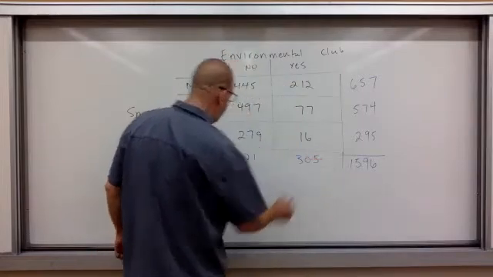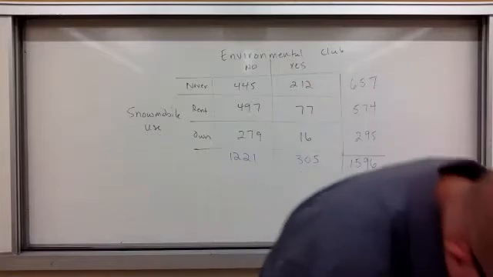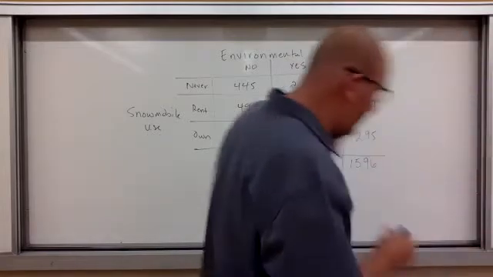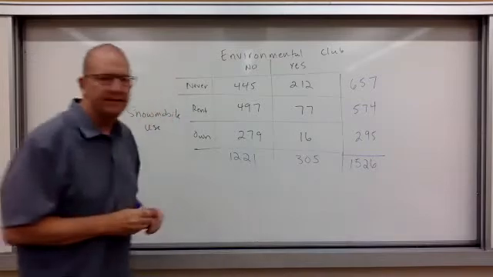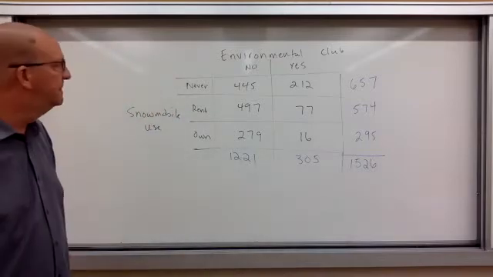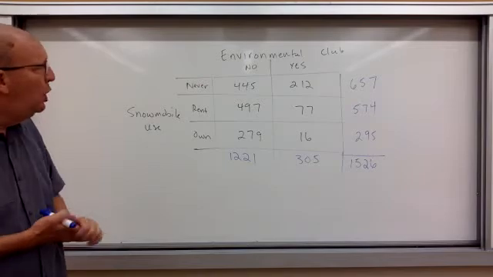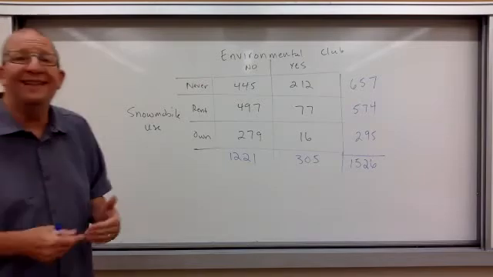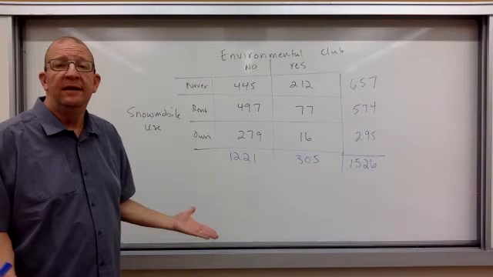And certainly, if we add those two together, we're going to get 1,526. Okay, so let's just gather those numbers. And again, what the two-way table does, it allows us to display all of the data we collected.